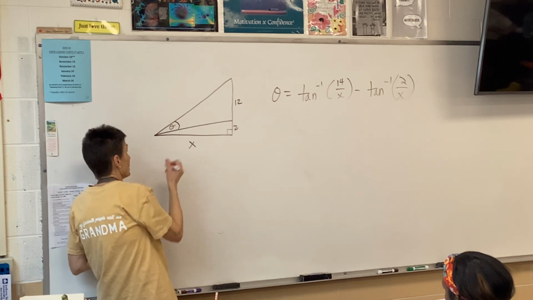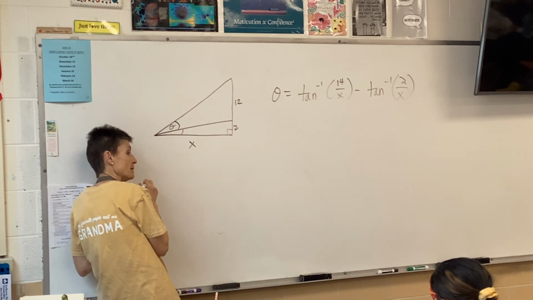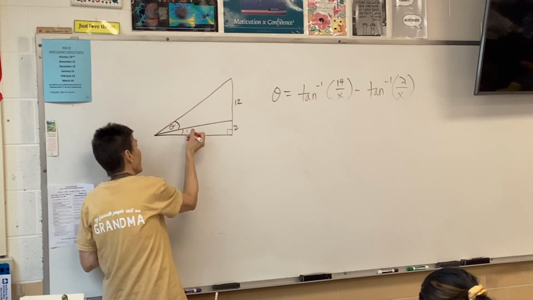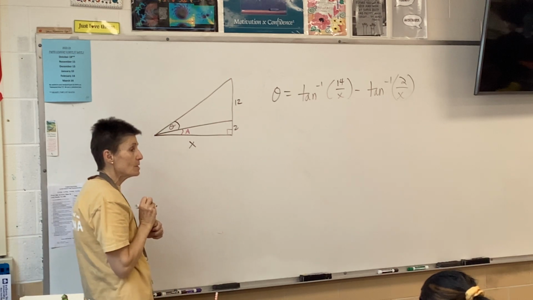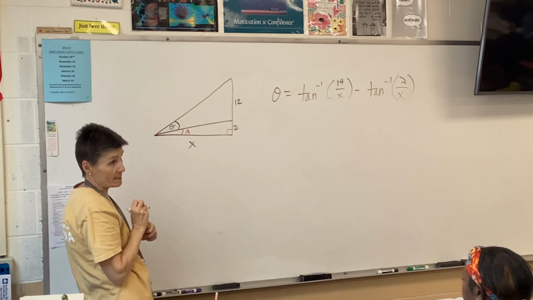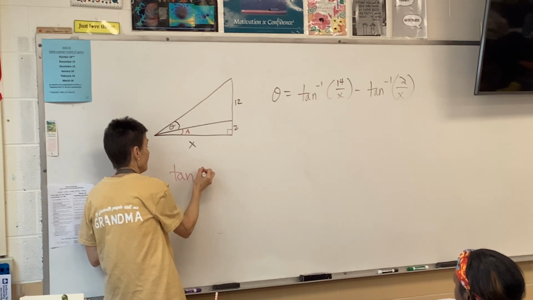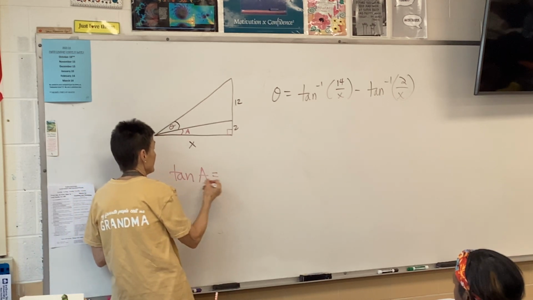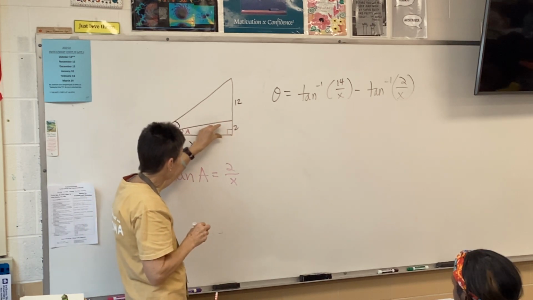Now, let me call this angle right here, this pink angle, let me give him another name. How about A? Would you agree that the tangent of angle A is 2 over x? Now look at that little triangle down here on the bottom.